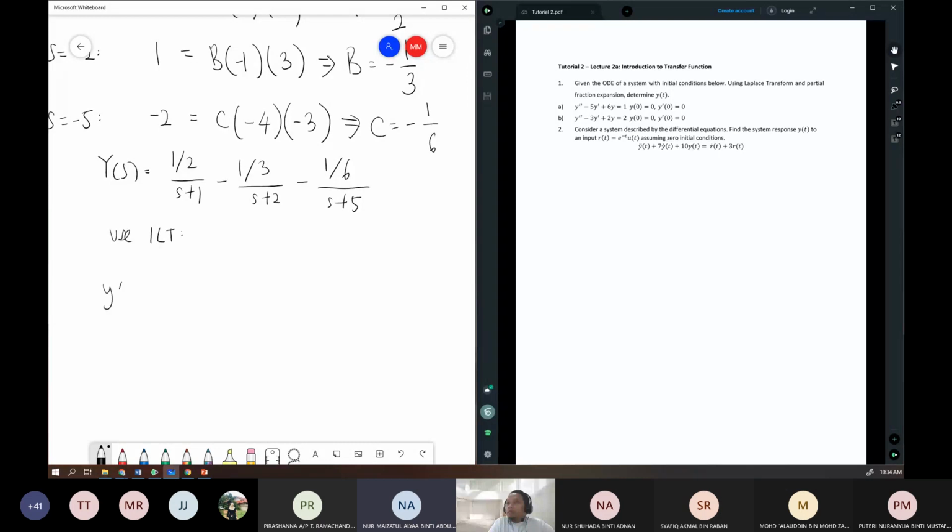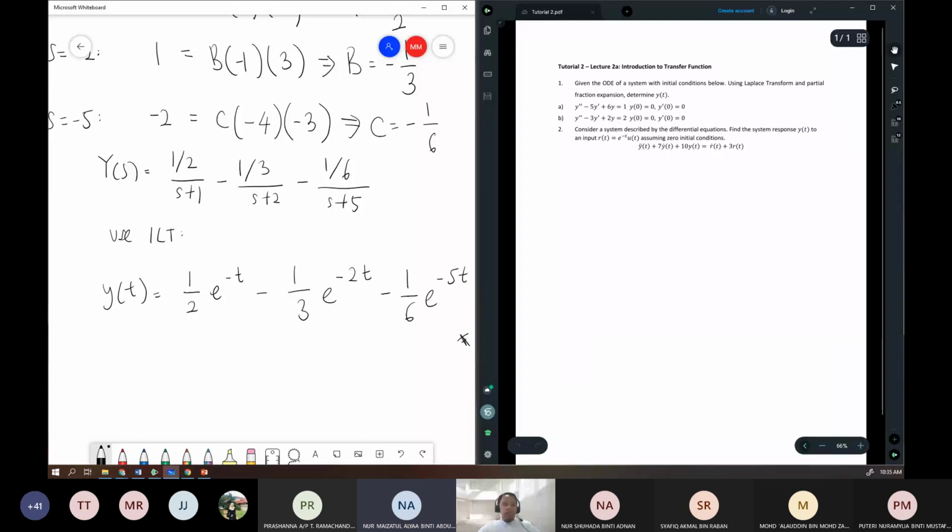So y(t) equals 1 over 2 e to the minus t, minus 1 over 3 e to the minus 2t, minus 1 over 6 e to the minus 5t. Okay, any question?